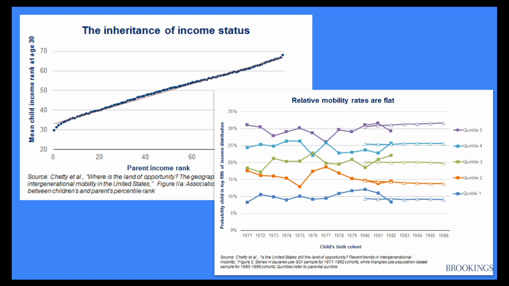It looks like there is more volatility before the 80s, but in reality, all of these quintiles have basically been bouncing around an average since the 1970s. So mobility in the United States has been relatively flat. People born at the bottom of the chart do not have that much of a chance of making it up to the top, which again flies in the face of the American dream concept.